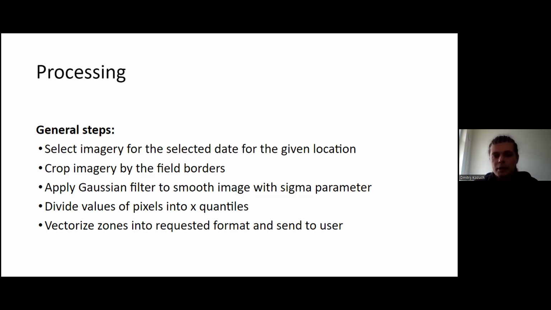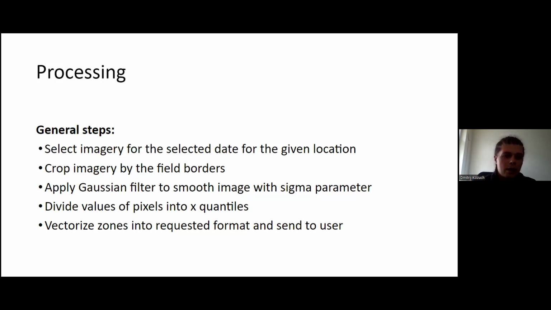In this application, the user selects the field from the land parcel identification system of the Czech Republic, but in general it can be a custom drawing of the borders by the user, or he can upload a file with his fields.